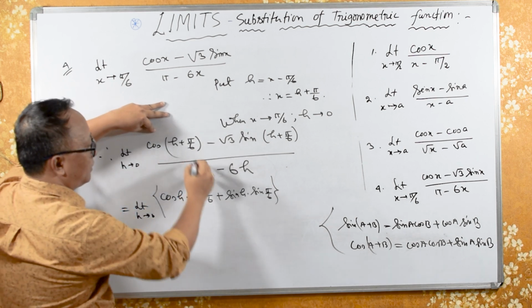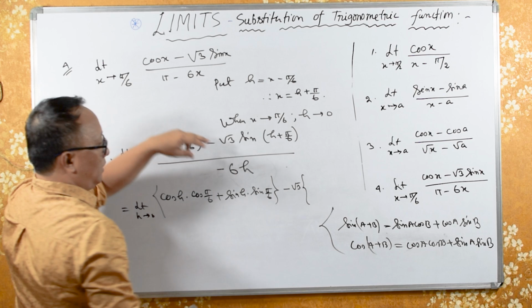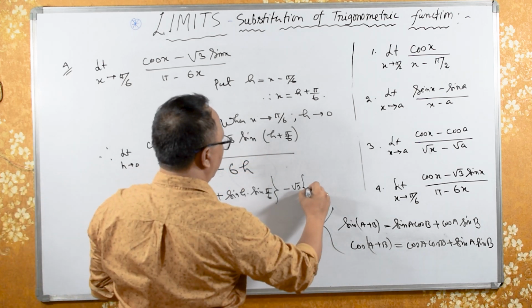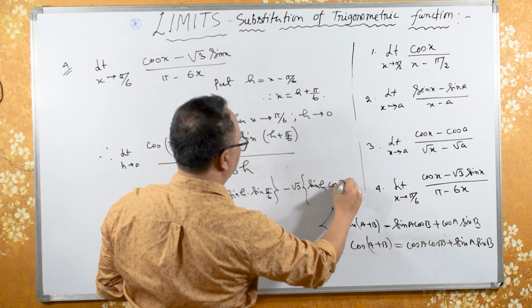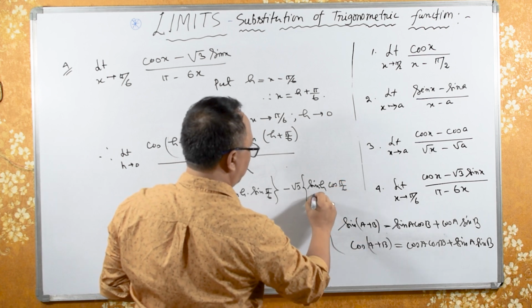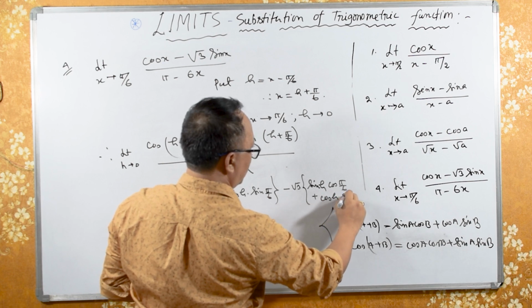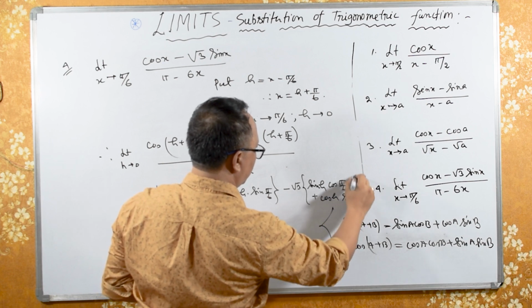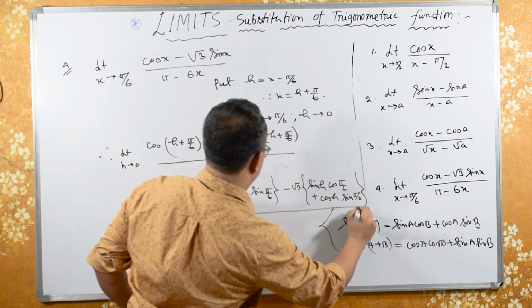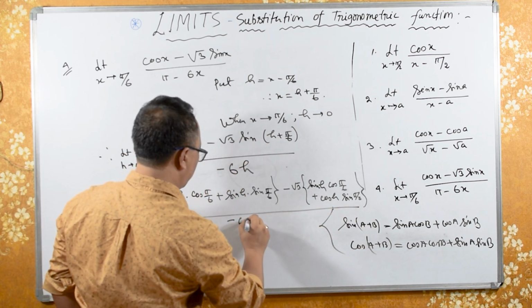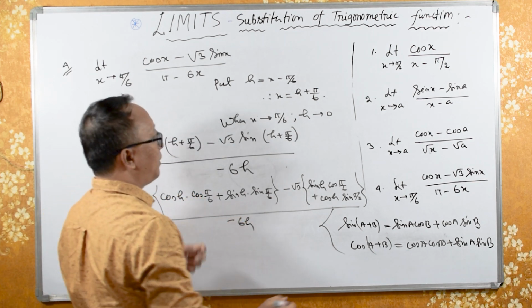This is for this, minus root 3 times sin of A plus B, which is sin h cos pi by 6 plus cos h sin pi by 6, upon minus 6h. Okay. Now what is 30 degree?